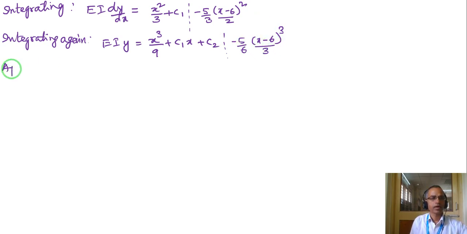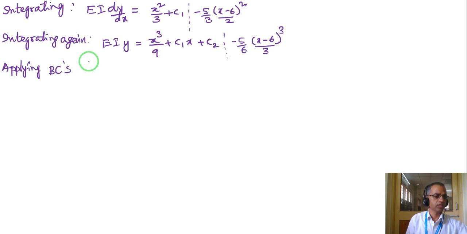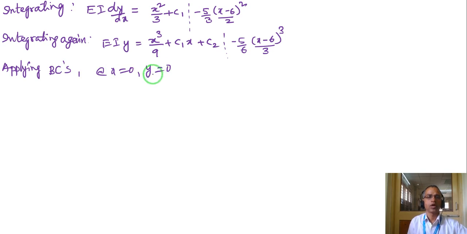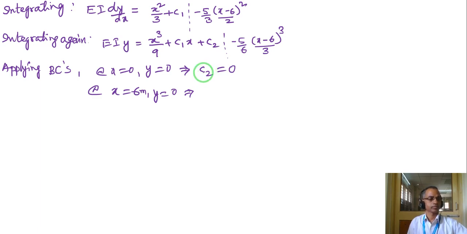Then applying boundary conditions, that means at x equal to 0, deflection equal to 0 at point C. So this gives straight away c2 is equal to 0. Then at x equal to 6, that means B support, again deflection is 0 at B support. So that gives me c1 equal to minus 4.